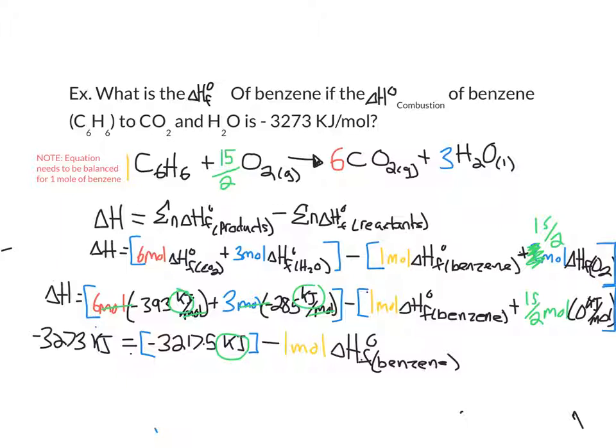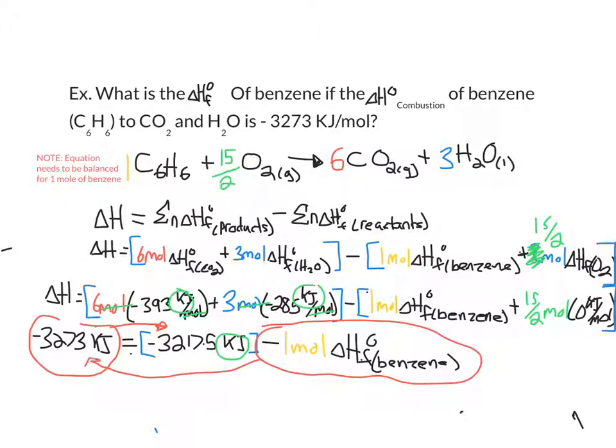Our other option, though, is a little bit better. What we can do is take this number and move it over here by making it positive, and this part and move it over here on this side of the equal sign, making it positive.